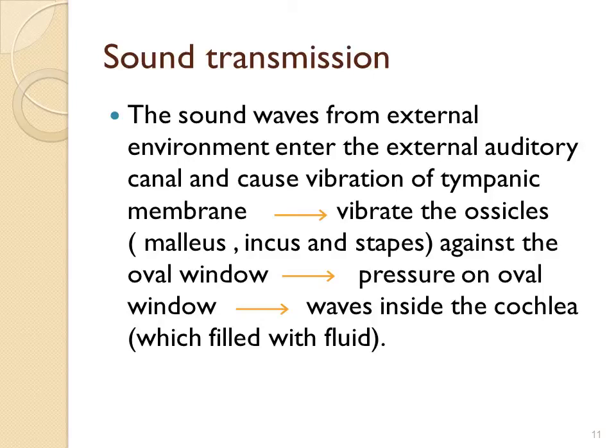The eardrum can be vibrated by the sound from the outer environment, and this vibration of the tympanic membrane leads to vibration of the ossicles, which means the three bones inside the middle ear: the malleus, the stapes, and the incus. They push against the oval window to open it and cause pressure on the oval window, which is responsible for transferring waves inside the cochlea.